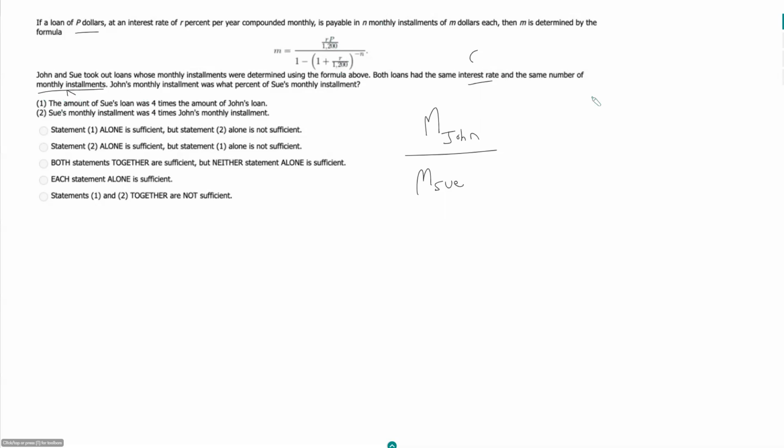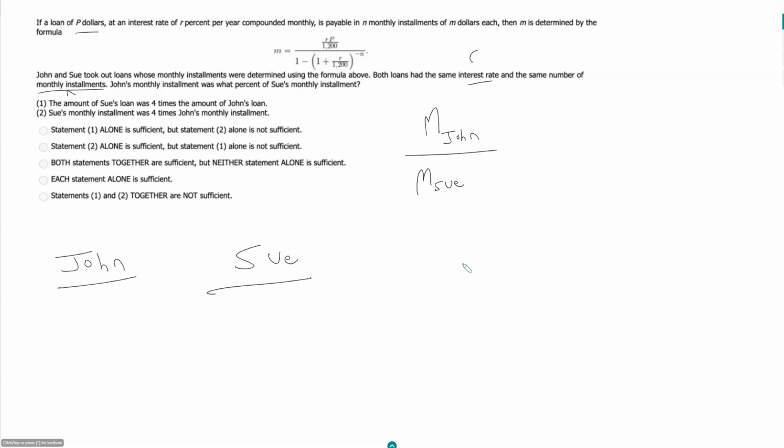So in other words, we can think of everything in this equation other than P, because it's the same for both of them, as X. In other words, you can move this P off to the side here.